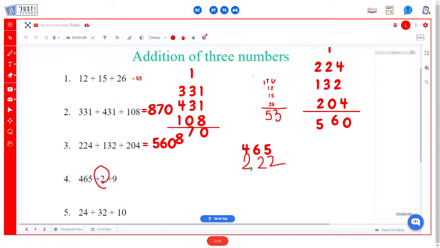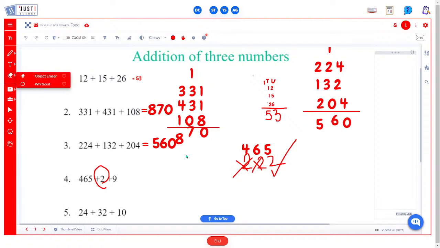What do you think? If it's just a 2, it means it's the ones place or the units place, right? That means it should be written in the units place only, and the tens and the hundreds place will not be applicable for just a 2. If we had a 20 or a 200, then we would have written that in the tens and the hundreds place.